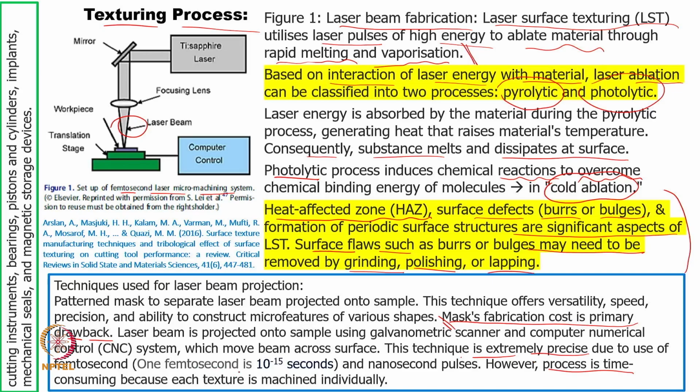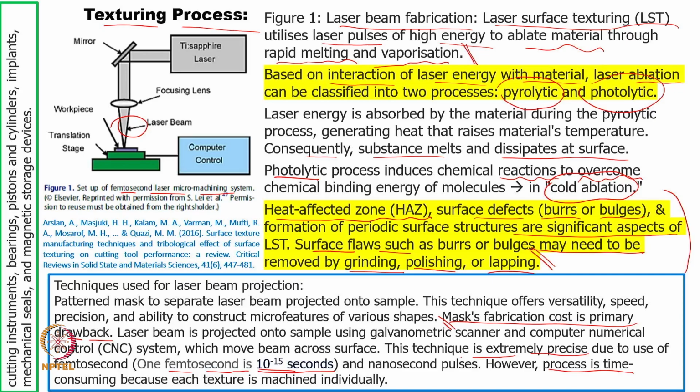It is a femtosecond pulse, which is around 10 to the minus 15 seconds. We do not go ahead with high energy, high current, and we give precise manufacturing. We do not have too many burrs if we are trying to remove only small amounts of material at very high frequency.